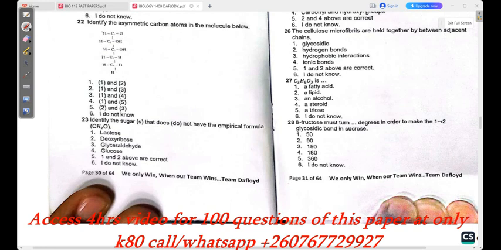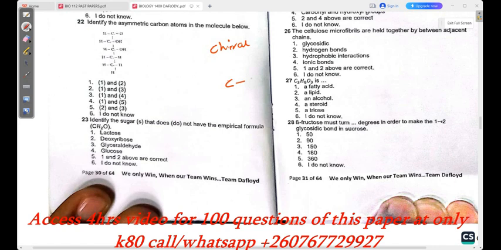22. Identify the asymmetric carbon atoms in the molecule below. So asymmetric carbons are also known as chiral carbons. A chiral atom is an atom which is linked to 4 different functional groups or atoms. Let's say we have a carbon as the center atom.